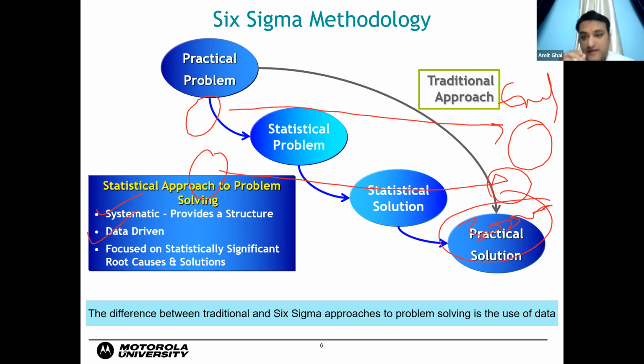It is a data-driven approach, not a feeling-driven approach. Usually we have a feel that something is not right and we try to fix it. But in Six Sigma, unless something is proved through data in the analyze phase, we do not consider it a significant root cause. It is focused on statistically significant root causes and solutions, not based on feel.